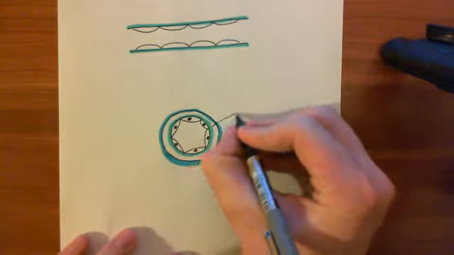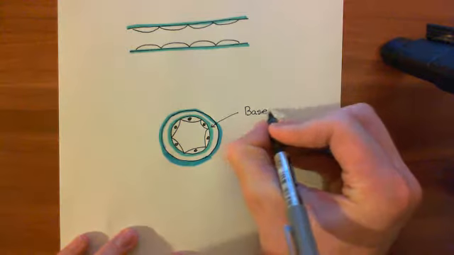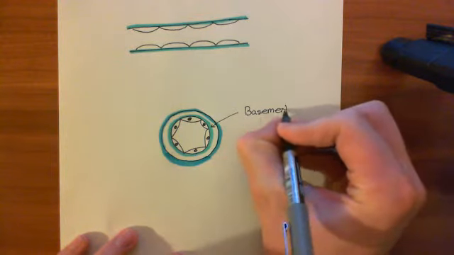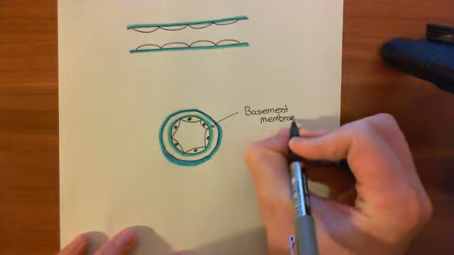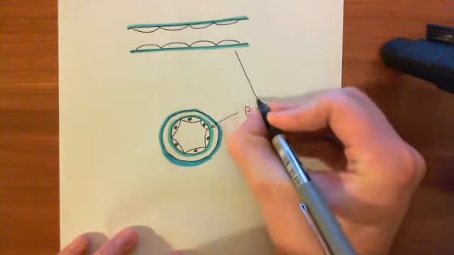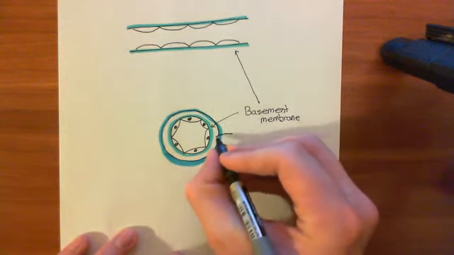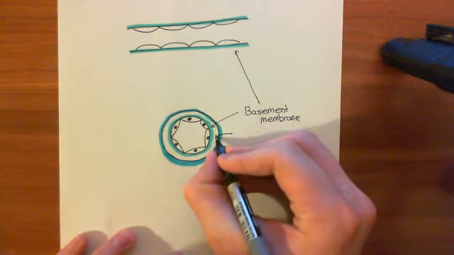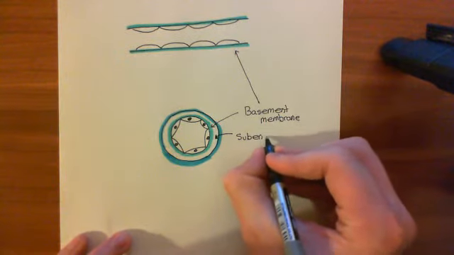Right, so let's label bits up then. In turquoise here we have the basement membrane, which is a membrane of collagen. So this is the basement membrane, also shown over here. Then surrounding it, this space which I've left empty, this is the subendothelial space, or the subendothelial connective tissue.